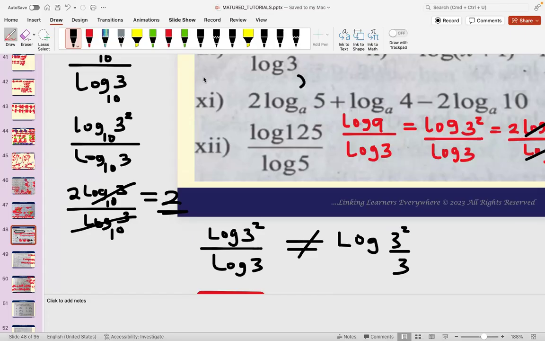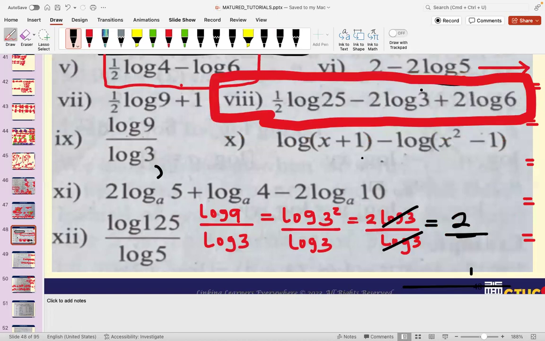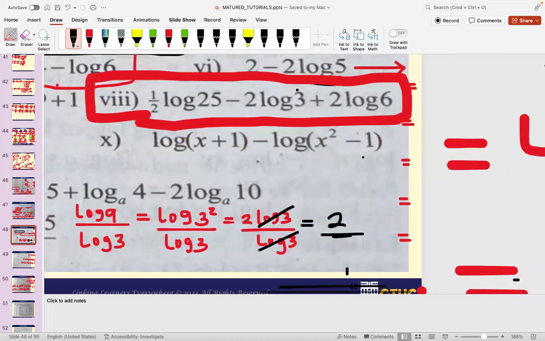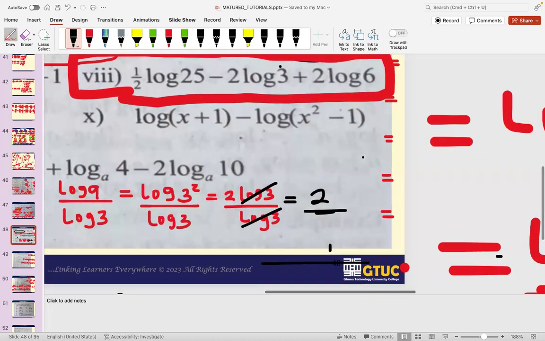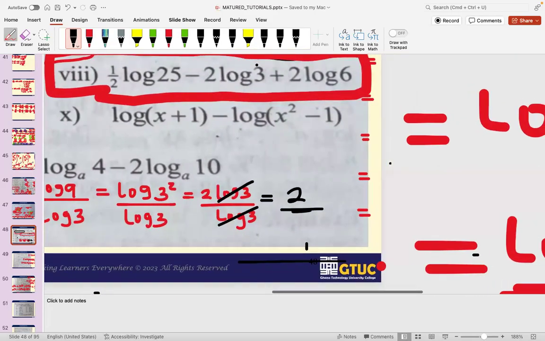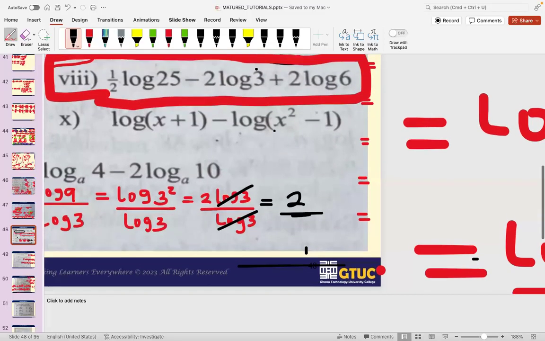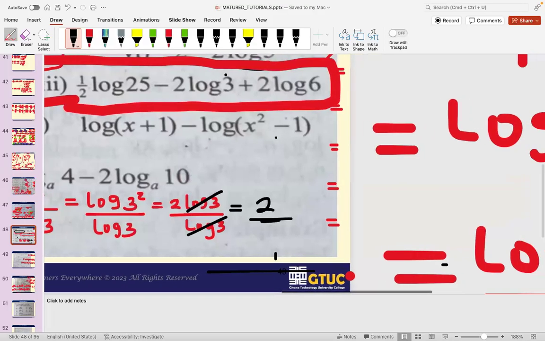All right, let's move on to our next question. How many more do we have to go? 1, 2, 3. Okay, we'll finish very soon. Let's look at the next one: log of x plus 1 minus log of x squared minus 1.